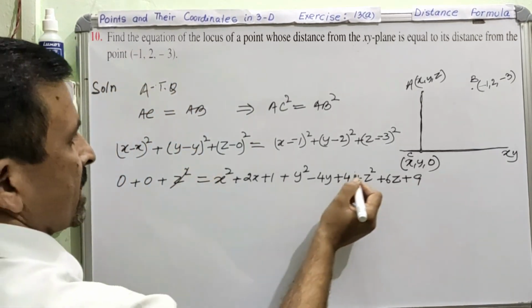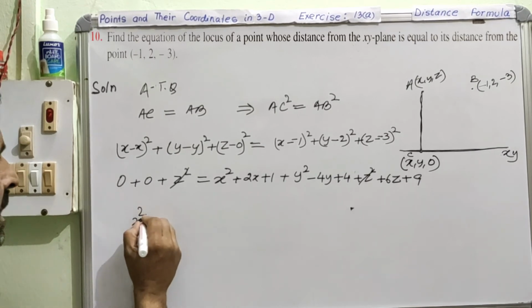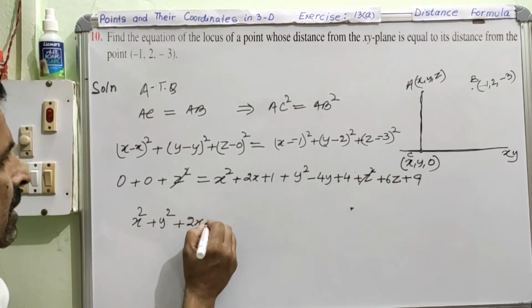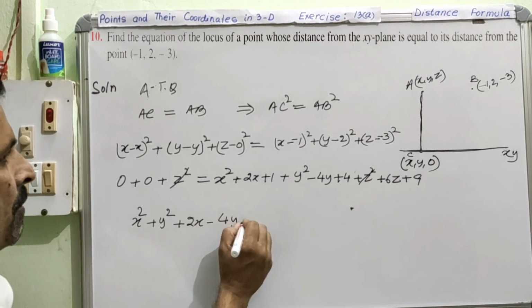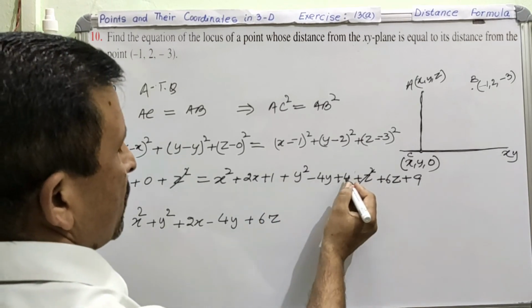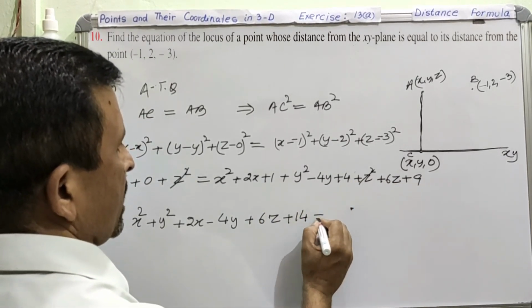Now z square will cancel z square, and finally you will have x square plus y square plus 2x minus 4y plus 6z, and then the constants 1 plus 4 is 5 and 9, that is 14. So x square plus y square plus 2x minus 4y plus 6z plus 14 is equal to 0.